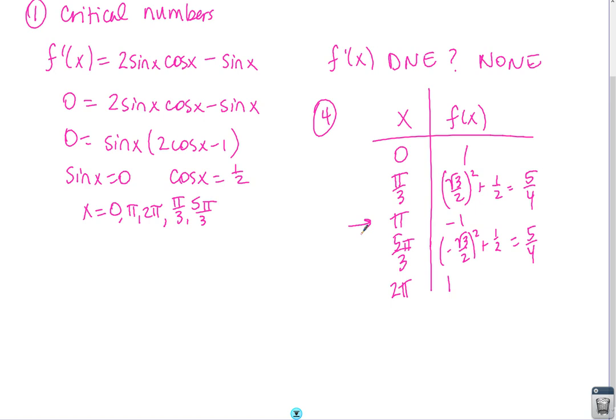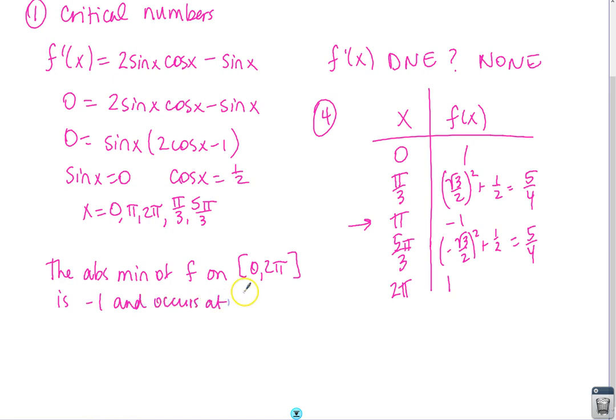Okay, so we'll say the absolute minimum of f on 0 to 2 pi was -1 and occurs at pi comma -1.